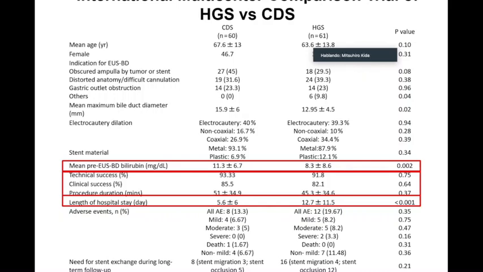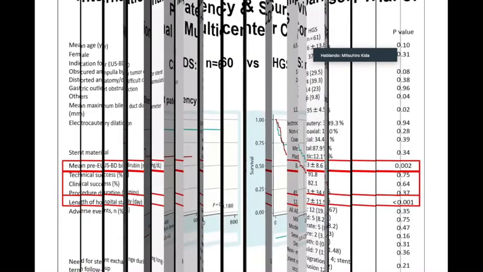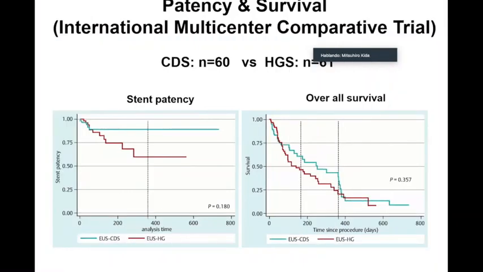Technical success is nearly the same, 93% and 91%, and procedure duration is 51 minutes and 45 minutes. Concerning stent patency, CDS versus HGS shows no significant difference, and overall survival is also nearly the same.